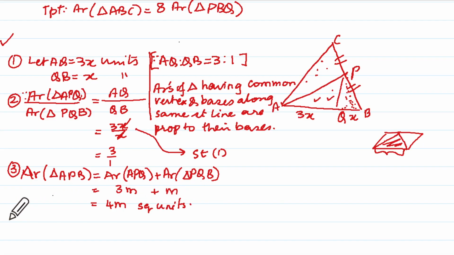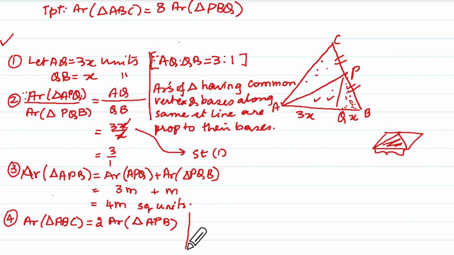Okay. And then you will say fourth one, area triangle ABC, the big triangle, is going to be equal to twice area of triangle what? APB. Okay. And the reason will be median AP divides, because the bases become halved, no?